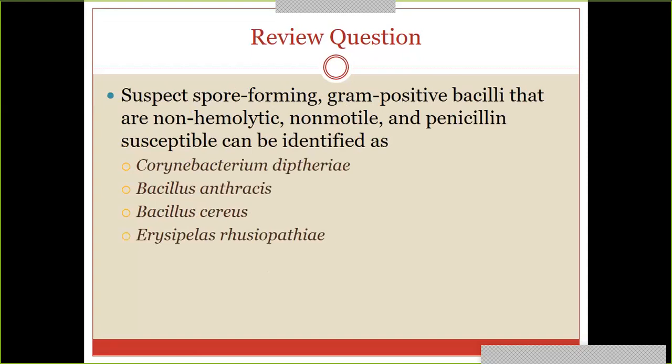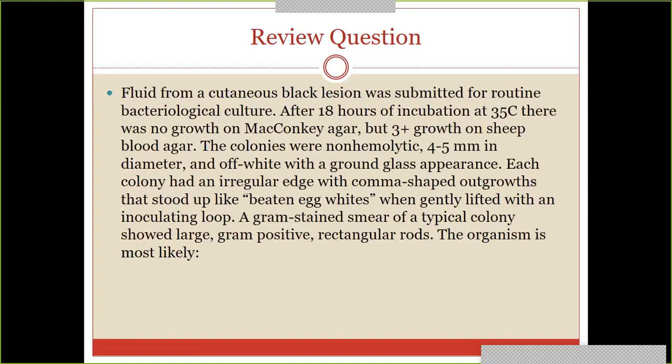Suspect spore-forming gram-positive bacilli that are non-hemolytic, non-motile, and penicillin susceptible are, and again, Bacillus anthracis. So there's all those characteristics you need to remember for Bacillus anthracis. Fluid from a cutaneous black lesion was submitted for routine bacteriological culture.